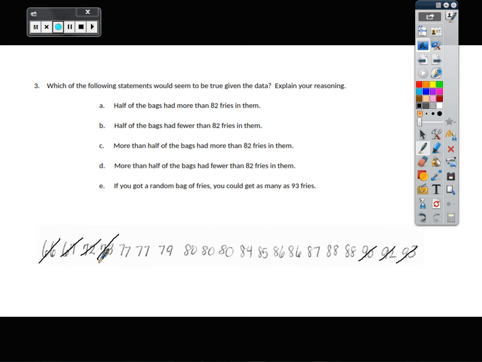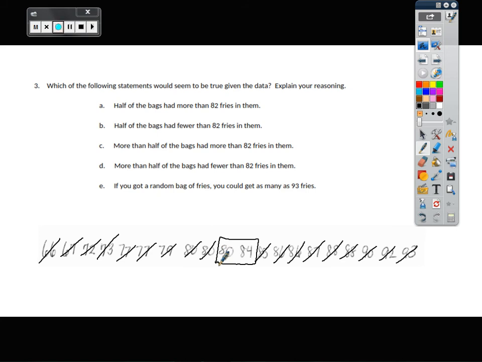Now, the data set that we are trying to find the median of has 20 points in it. That's an even number. Whenever you have an even number of numbers in your data set, you will always end up with two middles. You cannot have two medians. You can only have one.